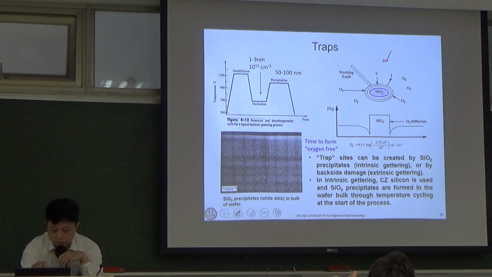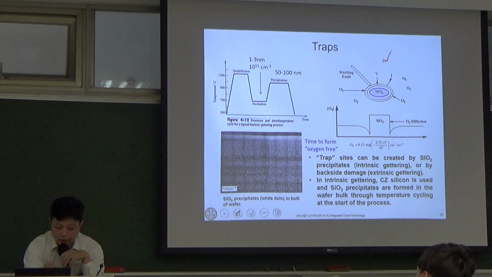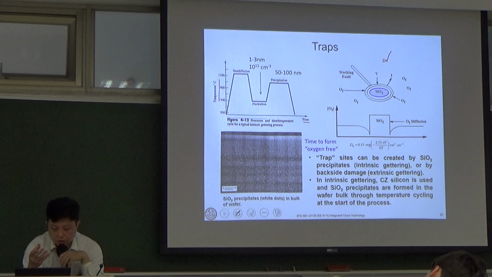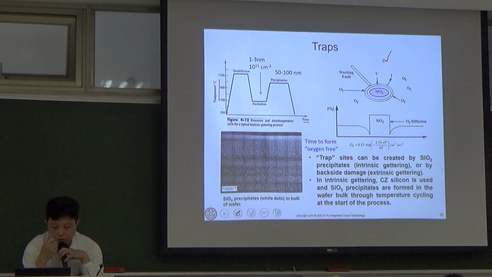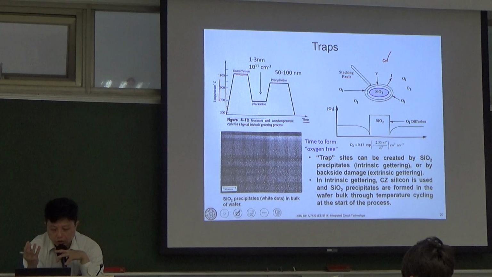So you can see here the figure we have is the temperature versus the time. We will increase the temperature quickly to over 1,000 degrees, so those oxygen atoms begin to out-diffuse. And once they become mobile and out-diffuse, then we can reduce the temperature.